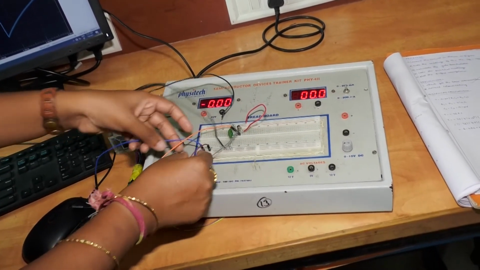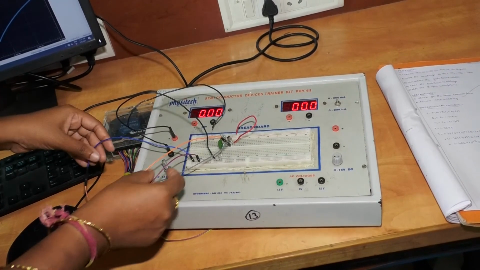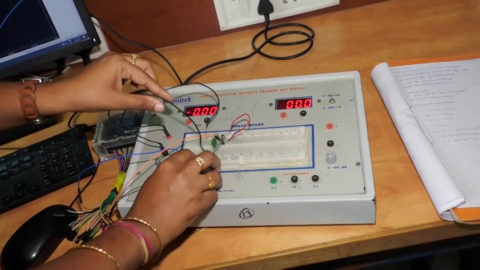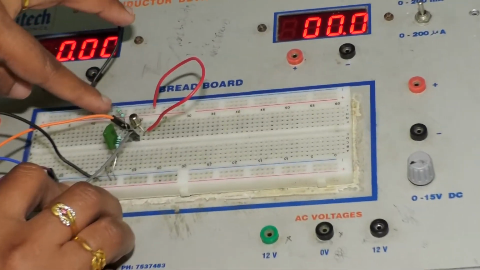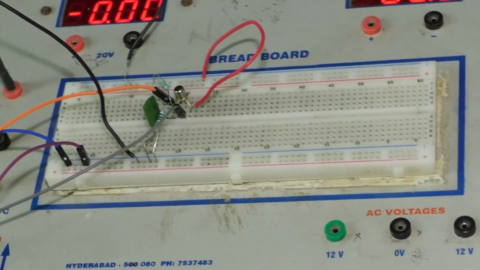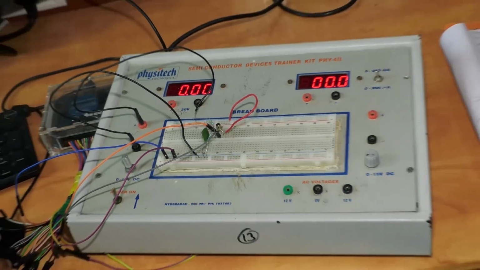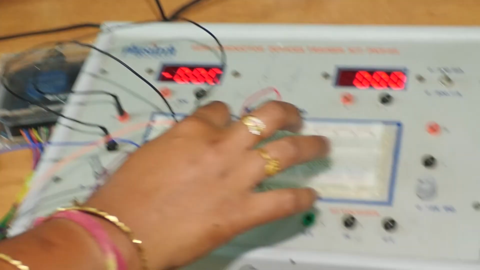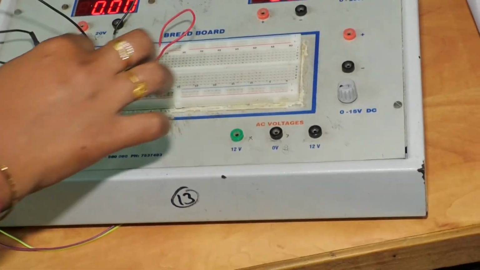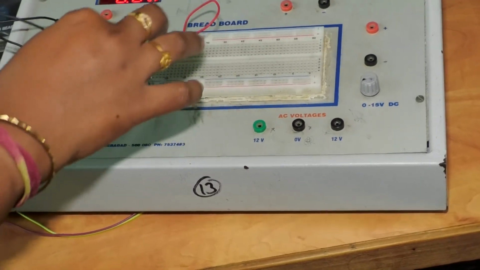This is the ground, and this common is called VCC. The resistor end is connected to VCC, and the remaining are grounds.